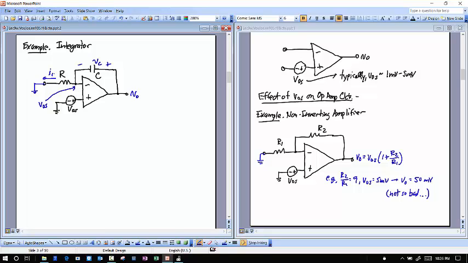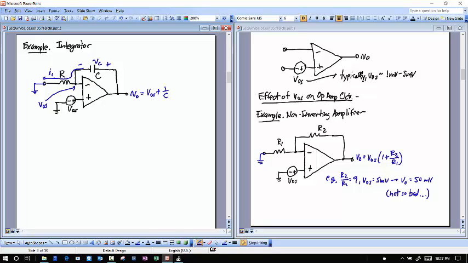Now, since I'm assuming this op amp is ideal in all respects except for this offset voltage, that means no current can go into the negative terminal, which means the only path for this current to take is through the capacitor. And if that current goes through the capacitor, it's going to charge that capacitor, and that means the output voltage is going to be equal to the voltage at this node, which is VOS, plus whatever voltage is across that capacitor.